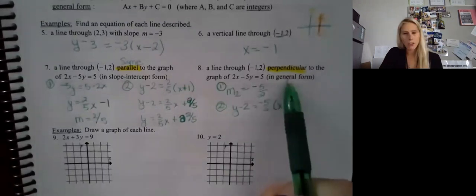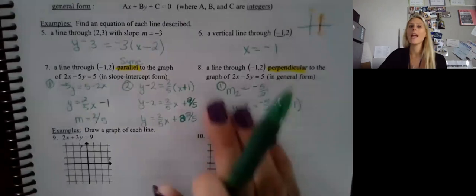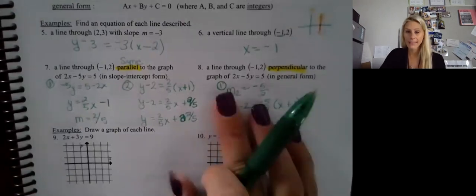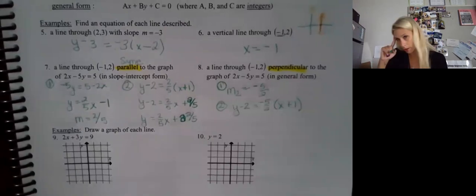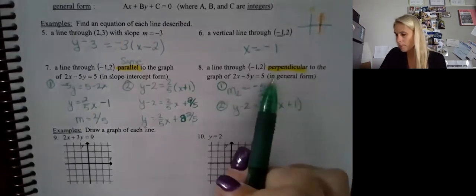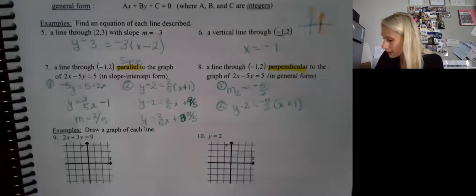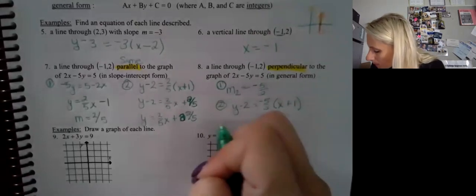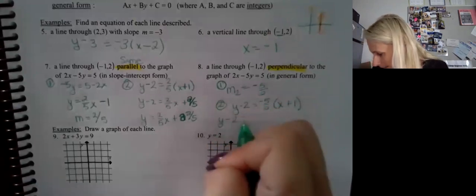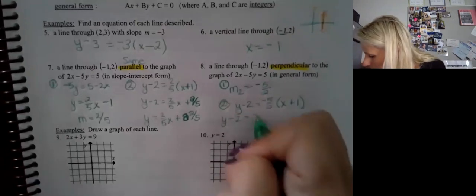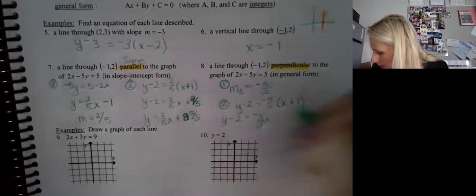But we need it in general form, so we're going to have to distribute, and then we're actually going to move everything to the left side. And no fractions, so let's keep that in mind. General form means integers, right? Integers, so no fractions. So let's see what we have to do first. Let's distribute, and let me remember to distribute all the way this time, right, guys? So negative 5/2 x minus 5/2.